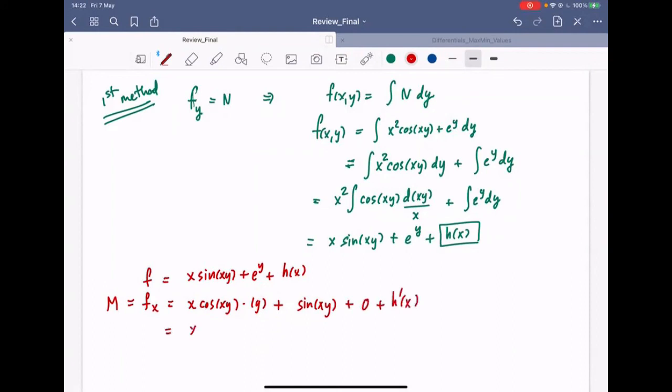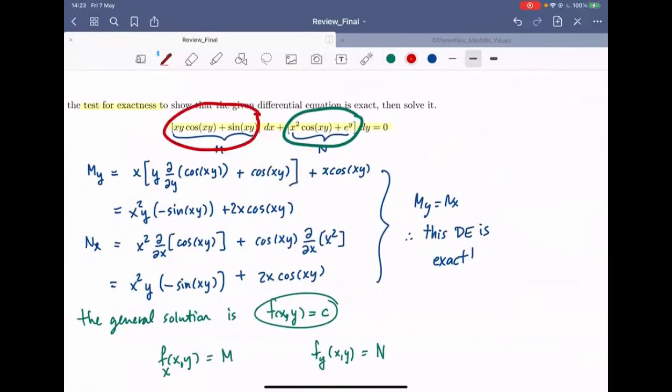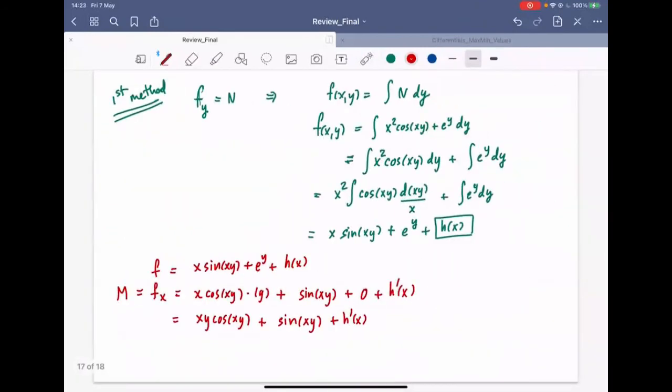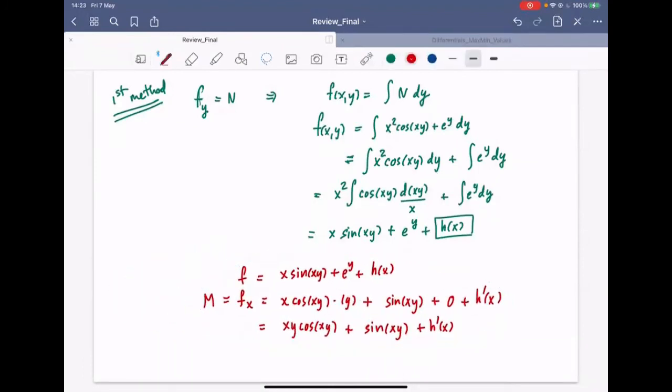Actually, this is xy cosine xy, and then plus sine xy plus h prime x. But your M is that function, xy cosine xy plus sine xy. Wow. That is just M. Your M is just xy cosine xy plus sine xy.